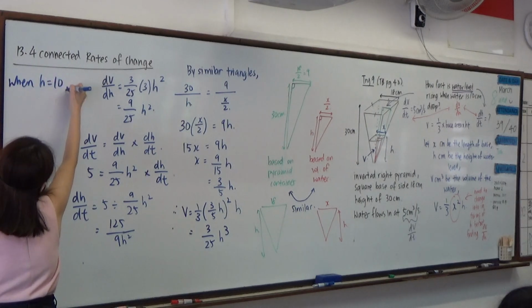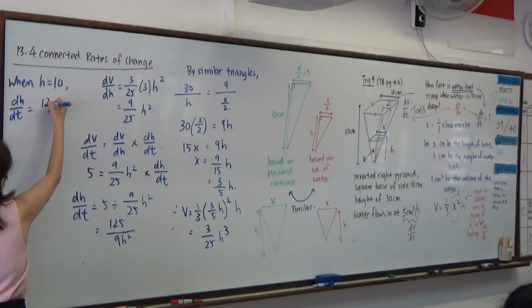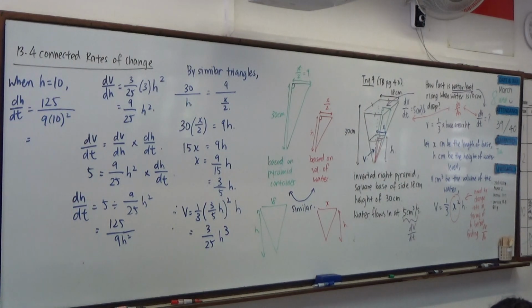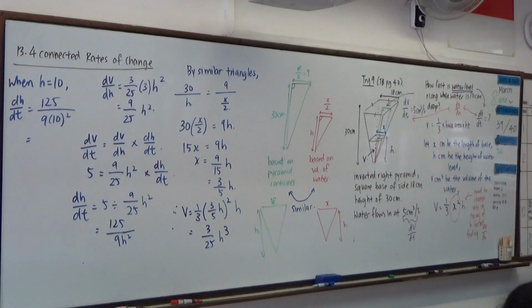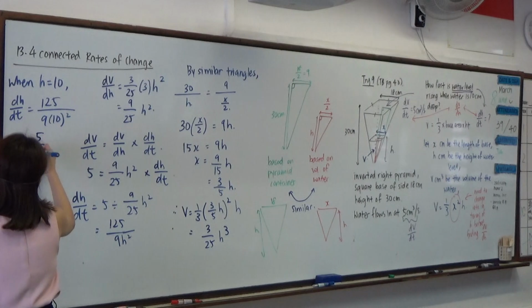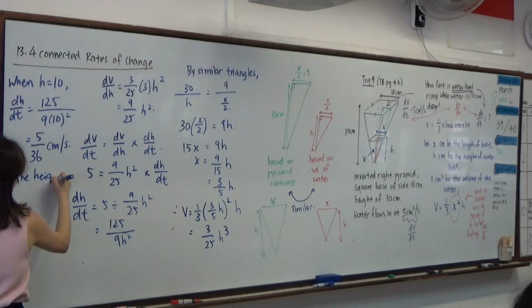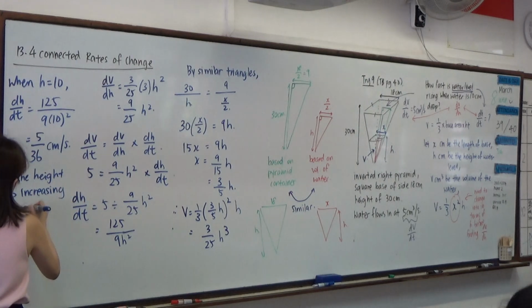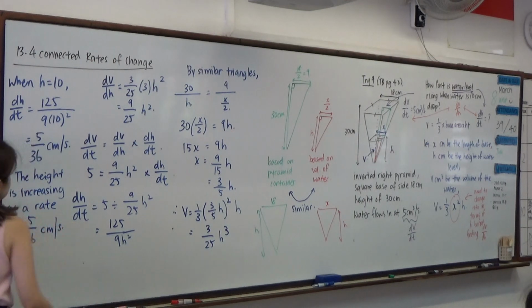And when the height is 10, that's what the question wants, our dh over dt will be equal to 125 over 9 times 10 squared. And that comes out to be 5 over 36. So the height is increasing at a rate of 5 over 36 cm per second.